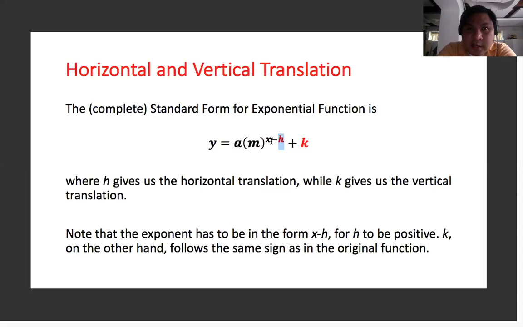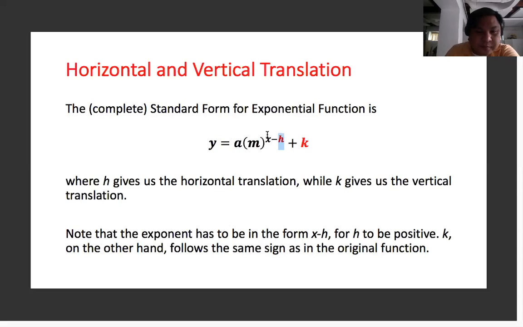Following a Cartesian coordinate system, a negative horizontal translation means movement towards the left, and a positive horizontal translation is a movement towards the right. Same with the vertical ones. A -1 for the vertical translation means it's going to shift down, whereas a positive means it's going to shift up.